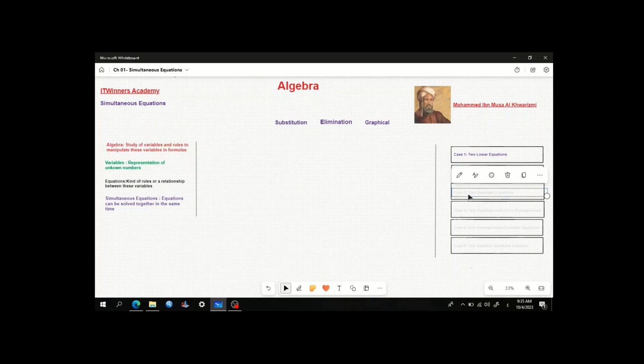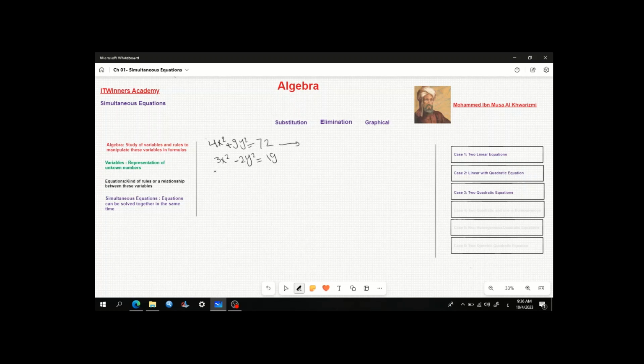Our third case is two quadratic equations. If I write 4x squared plus 9y squared equal to 72 and 3x squared minus 2y squared equal to 90.